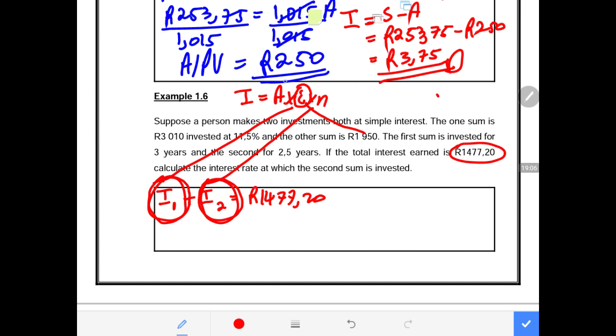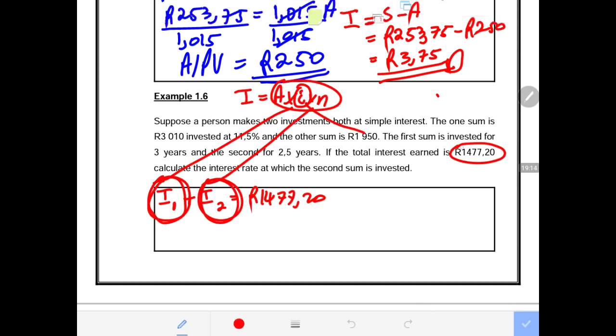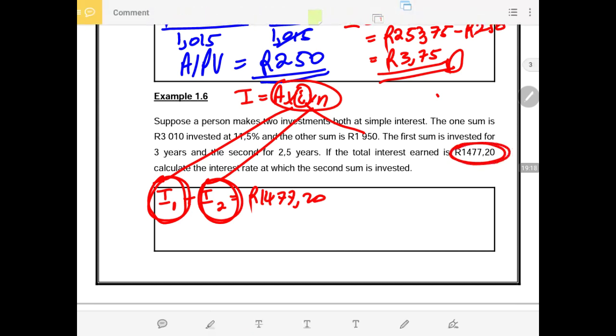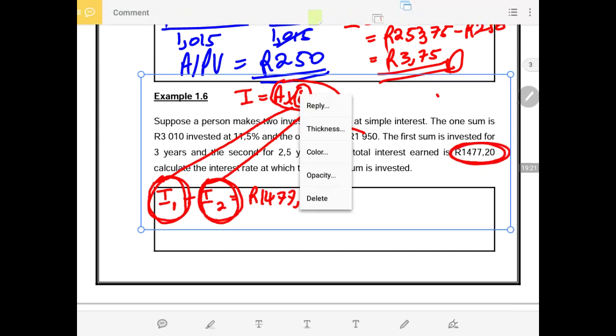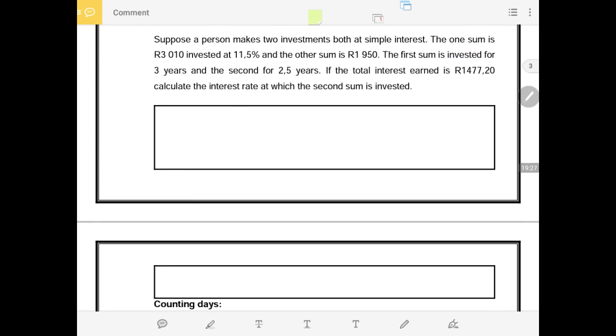So now if we use this formula on how to calculate the interest, we will be able to substitute all the unknowns that we have, considering the fact that we are told the interest was earned for both investments, which is interest on the first investment plus interest on the second investment equals 1,477 rand 20 cents.